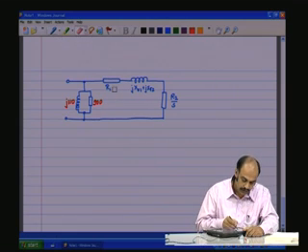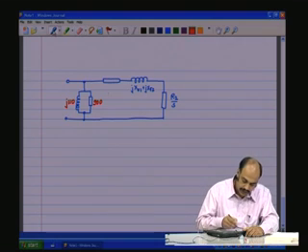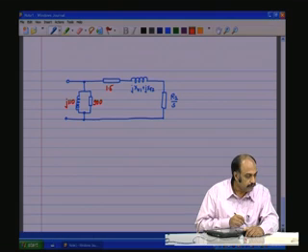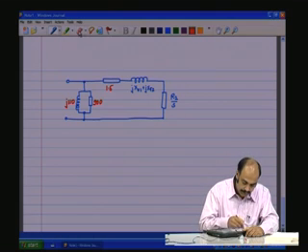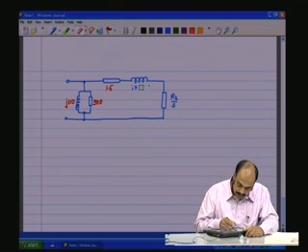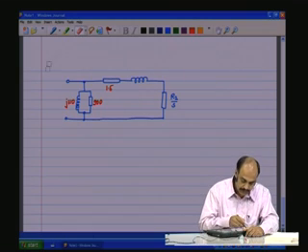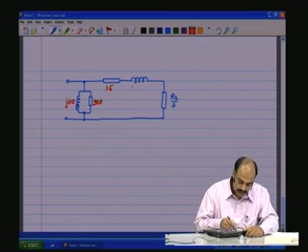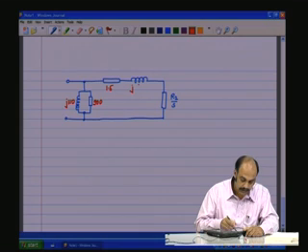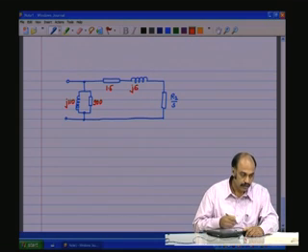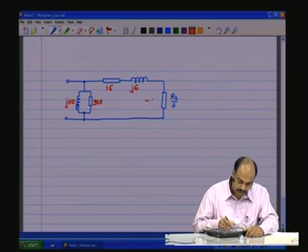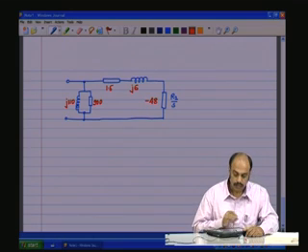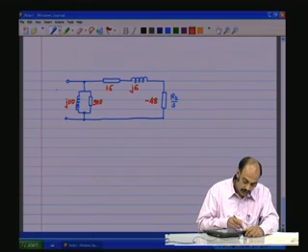The value for R1, the stator side winding resistance, 1.5 ohms. Then the value for the combined leakage reactance, j6. Then R2 by S, minus 48 ohms. Okay.